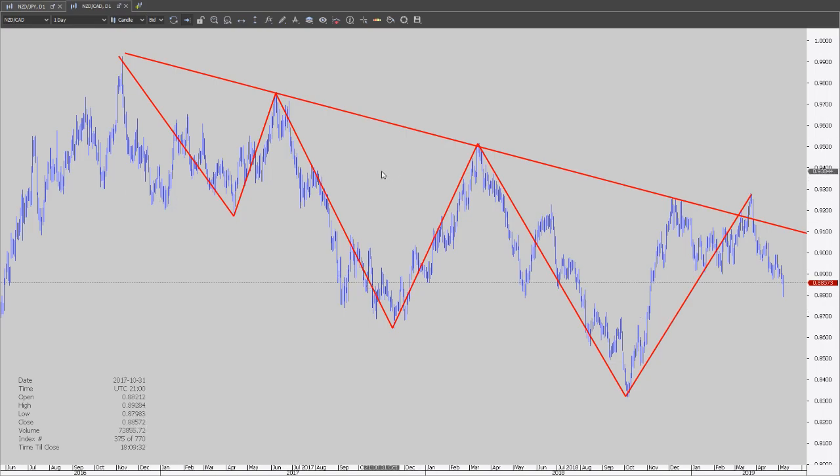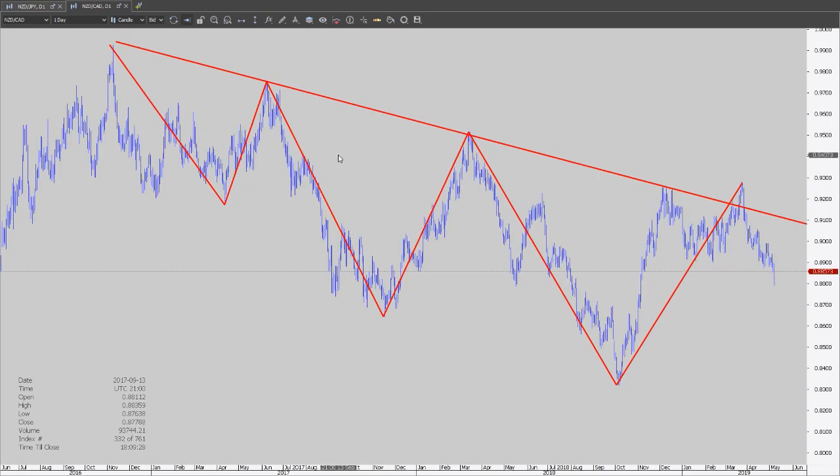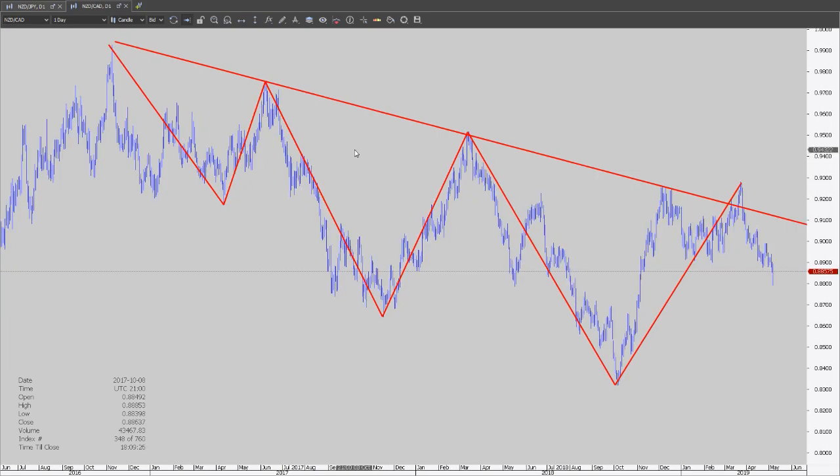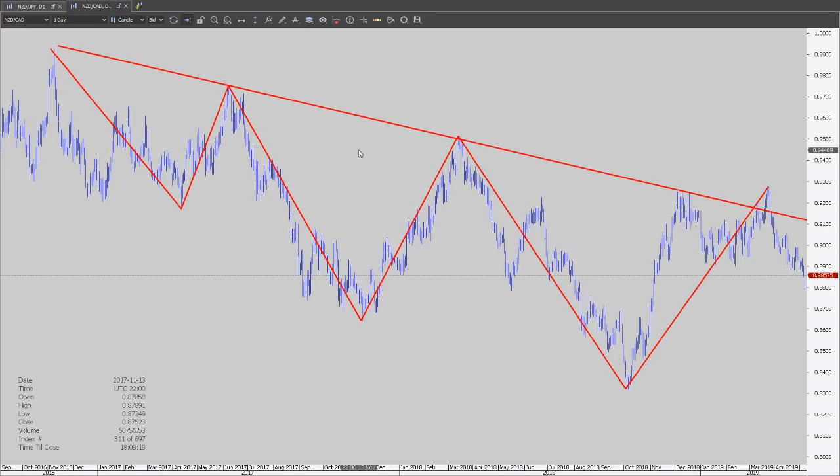Now if you can learn how to spot the crown, you are going to increase your profitability a lot.